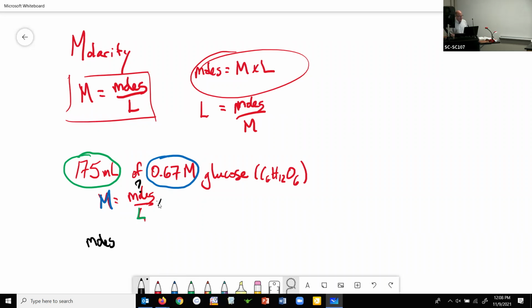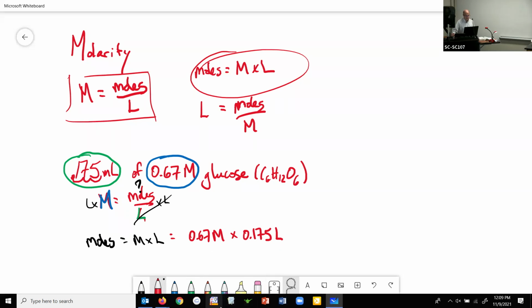So I've got to multiply by liters on both sides. Moles equals molarity times liters, which equals 0.67 molar times 0.175 liters. Remember, to get from milliliters to liters, you move the decimal point 3 times.